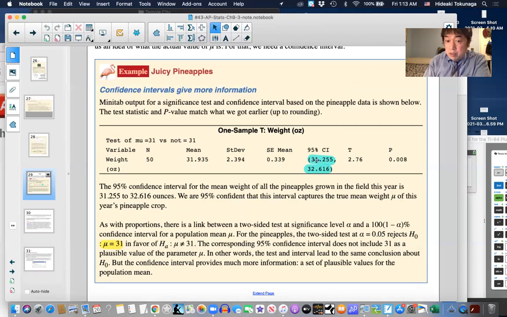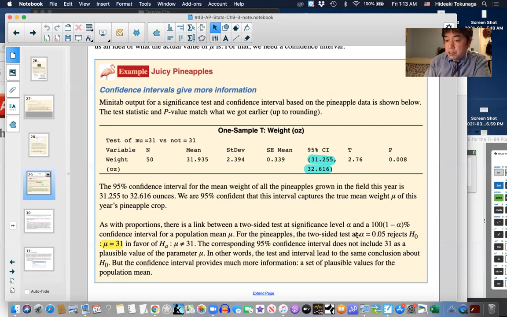So do you see mu equal to 31 in the interval? No, right? Therefore, we reject the null hypothesis. You can pause the video and read this, and you will understand.